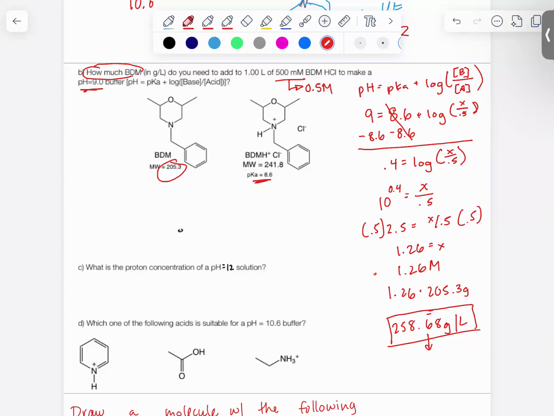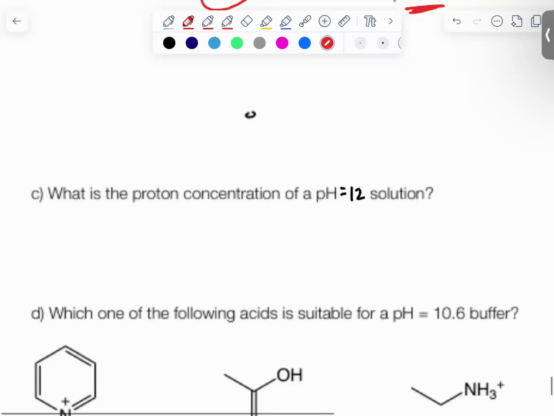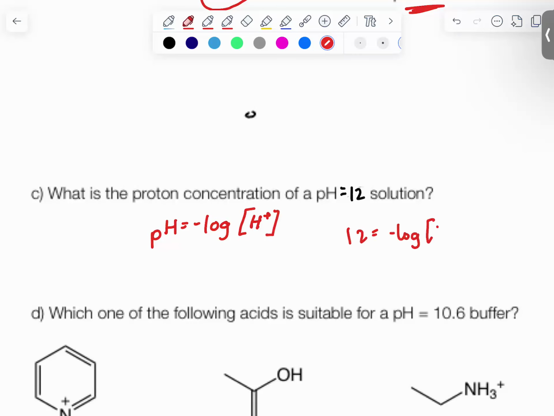What about the next one? Proton concentration. What equation do I need here? Somebody speak it to me. So 12 equals. What do I need to do to isolate my X? I don't feel like writing that out, so I'm just going to say that's my answer.